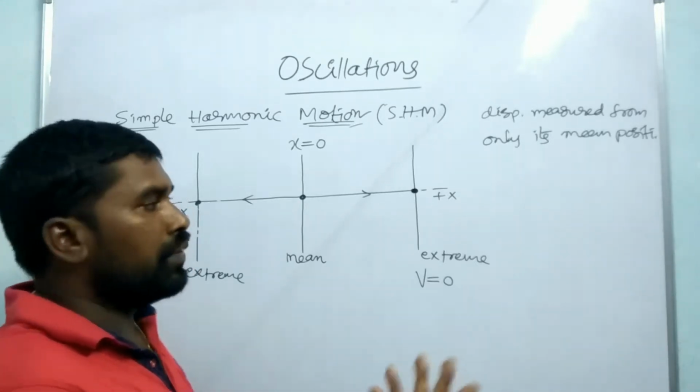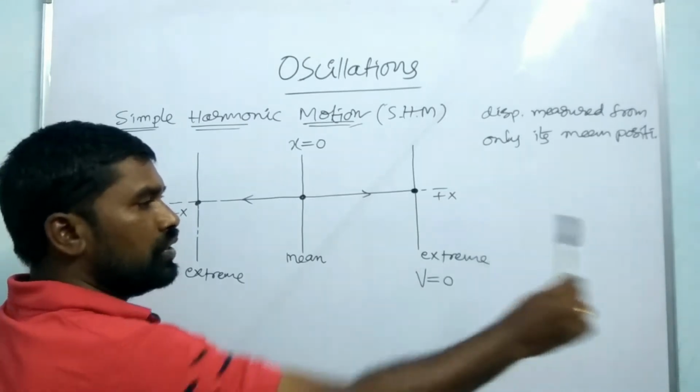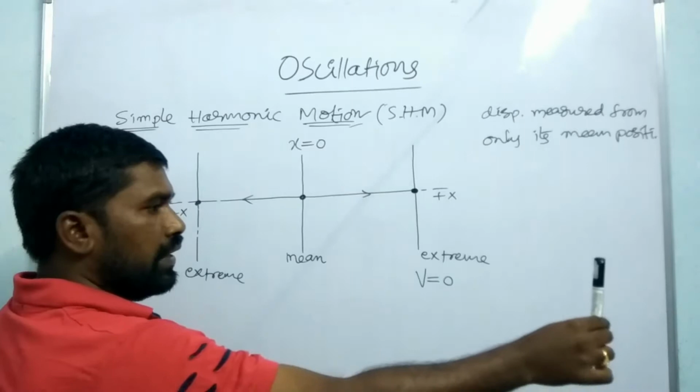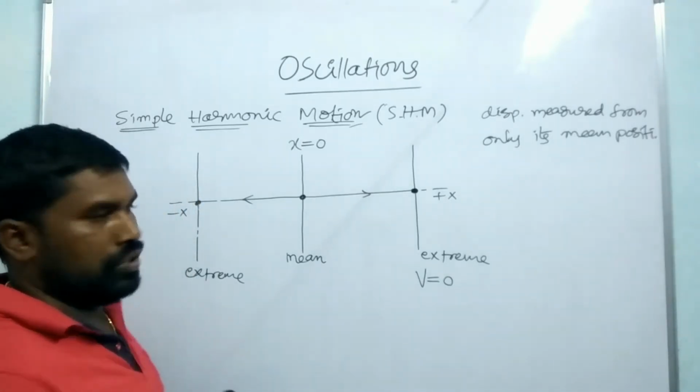Whenever its velocity becomes zero, only then it will come back. If the particle moves in this side, it stops here, and at the same time it starts to come back to the mean position.